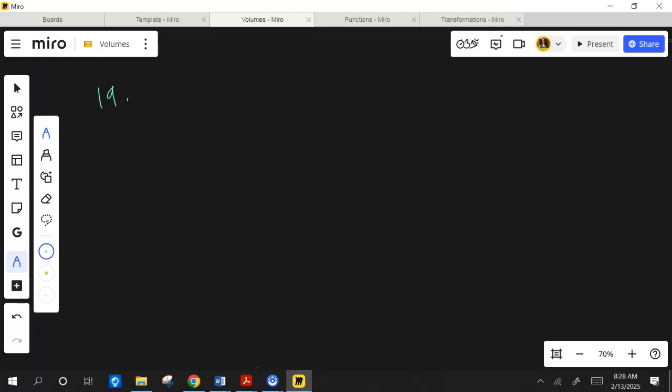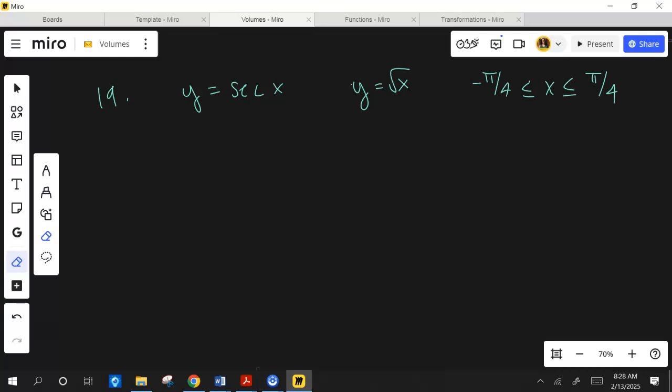Number 19. This one was definitely by hand, but it was a fairly easy one by hand. All right.